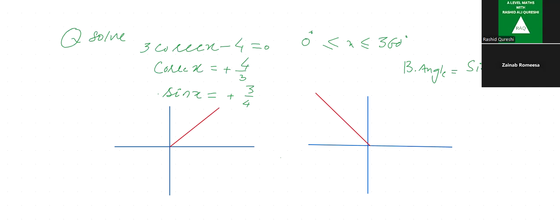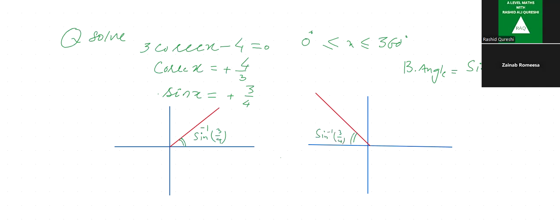Whatever the angle is, because I don't have the calculator, you have to write it over here as it is, sine inverse of 3 by 4. So my first answer will be x is equal to sine inverse of 3 by 4.